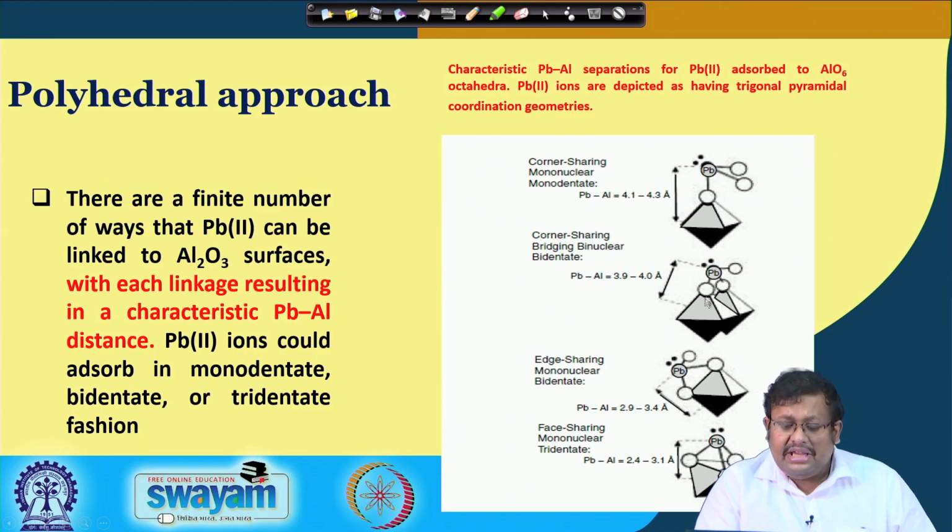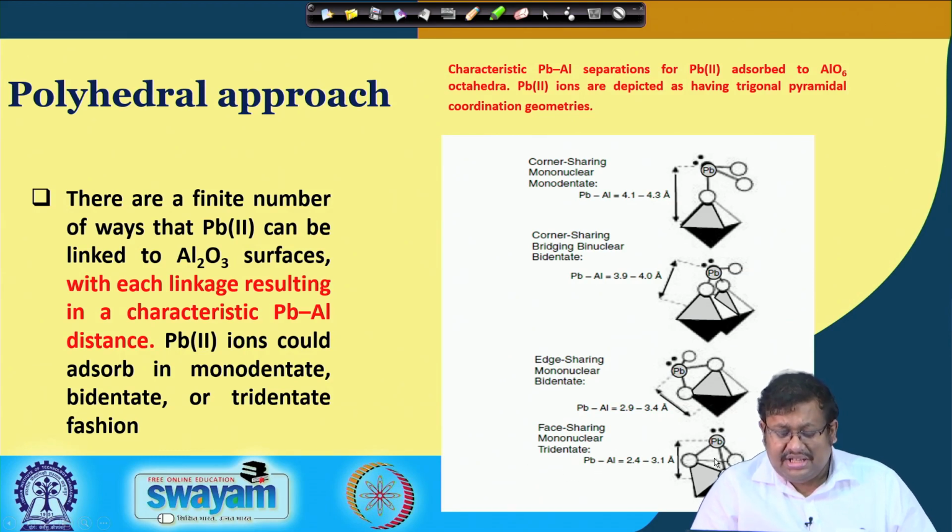You can see bridging bidentate and binuclear, since it is attaching with two LO6 octahedra. The third one is edge sharing mononuclear bidentate. Here you can see it is sharing the edge, but it is bidentate because it is attached to two oxygen, and this is a mononuclear octahedron.